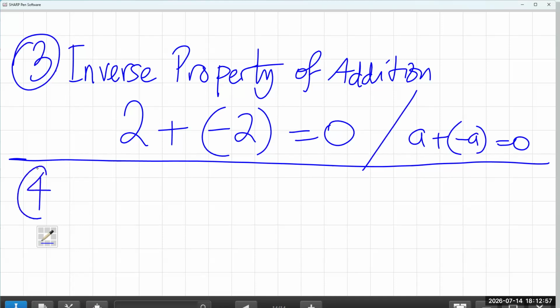Number 4. What about the inverse property of multiplication?